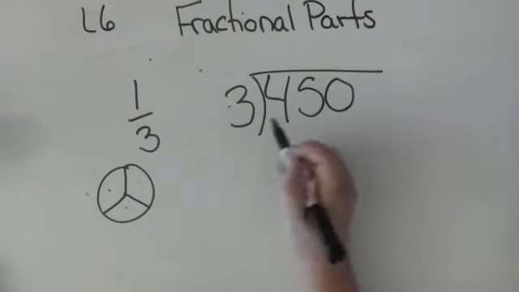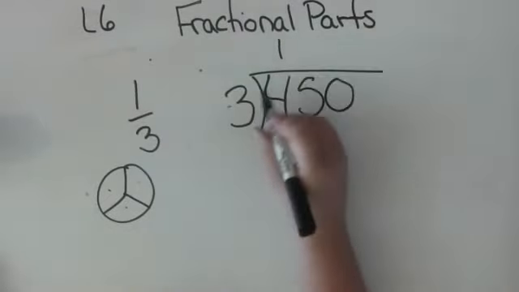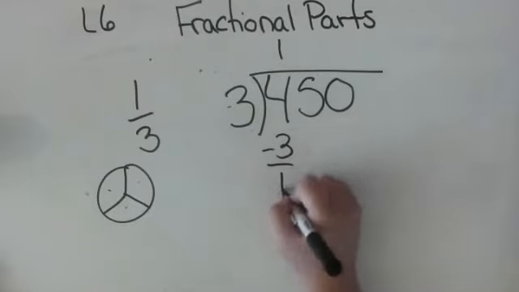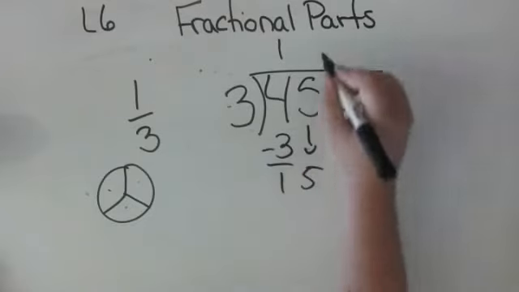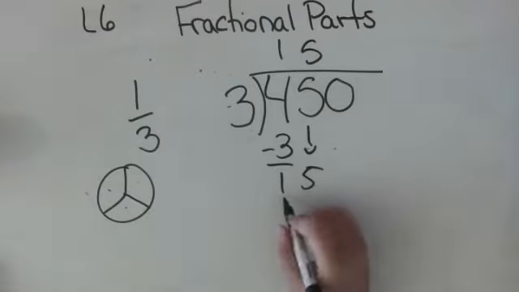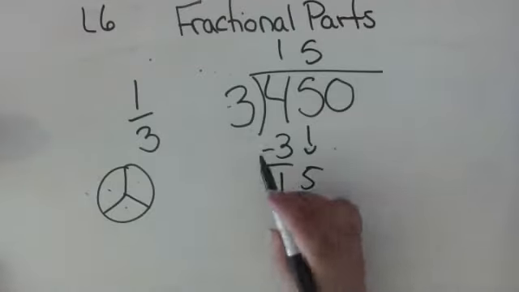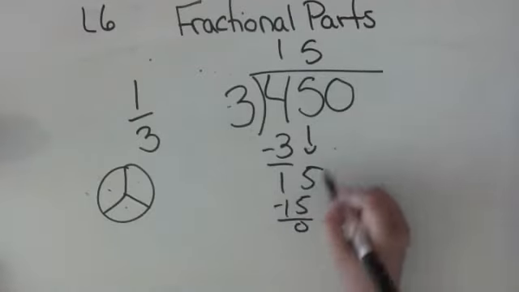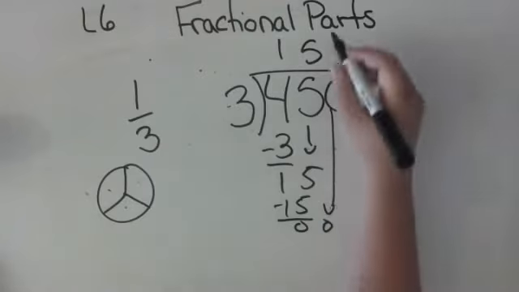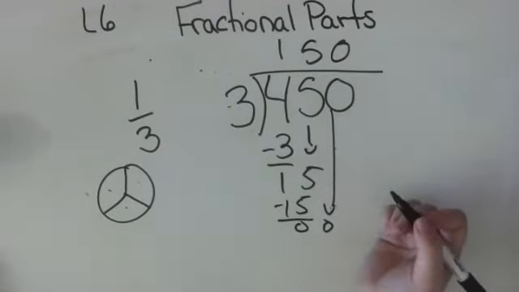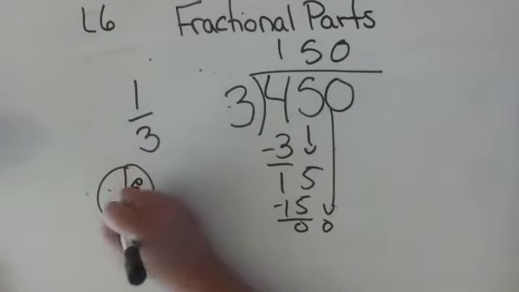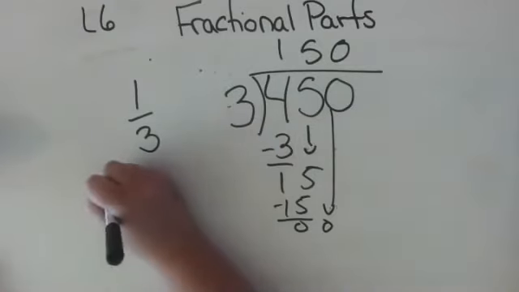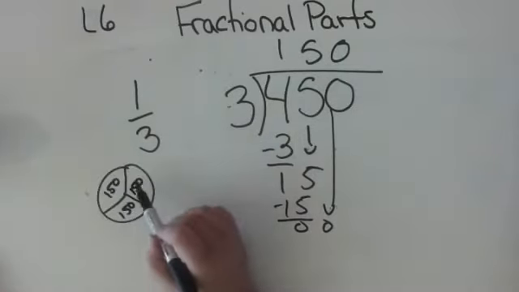So 3 goes into 4 once. 3 times 1 is 3. Take away equals 1. Bring down the 5. 3 goes into 15 5 times. 3 times 5 is 15. Subtract equals 0. Bring down the 0. 3 goes into 0 0 times. So we get 150. I would have 150 in each section.